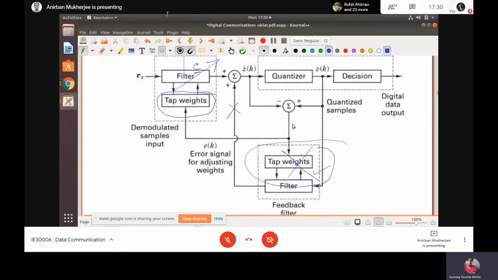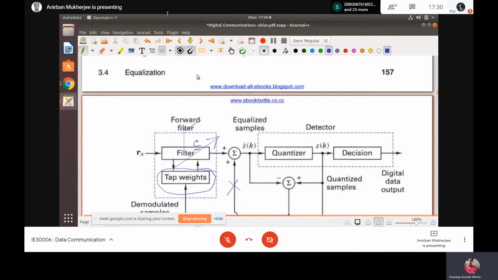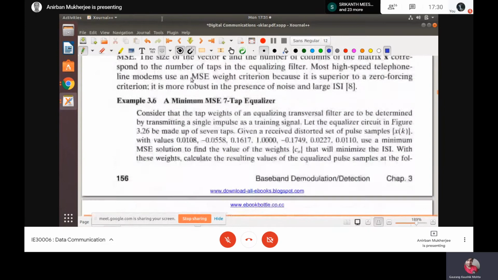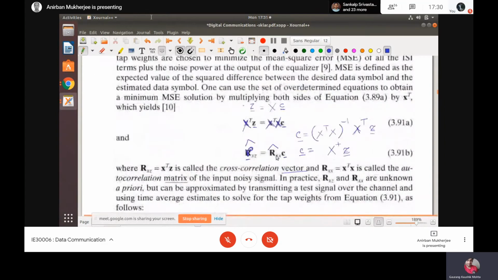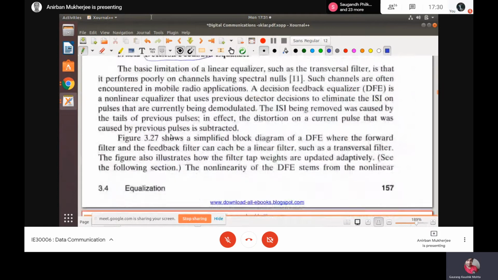The filter's input is Rx. This Rx is nowhere related to RxZ or RxS, nothing; they have just written Rx.